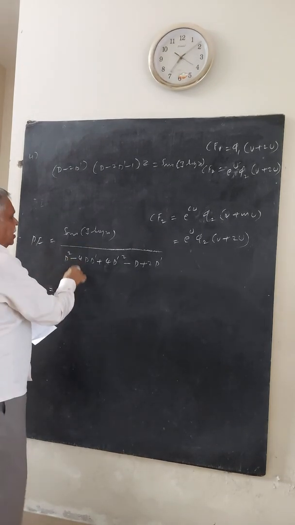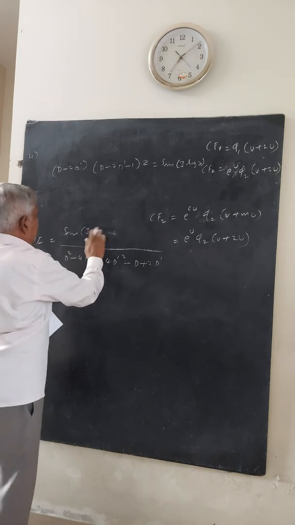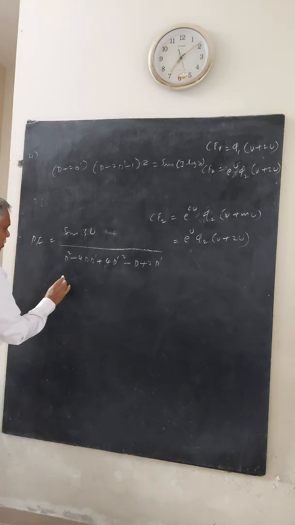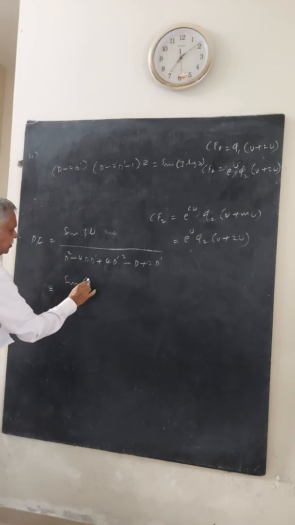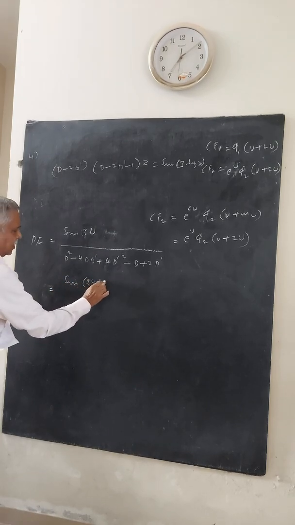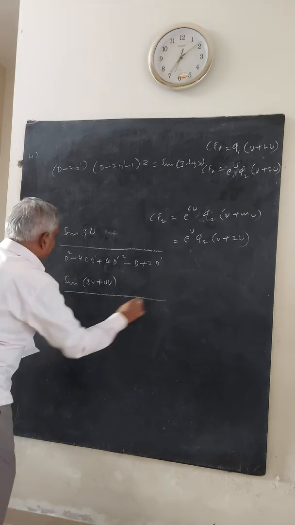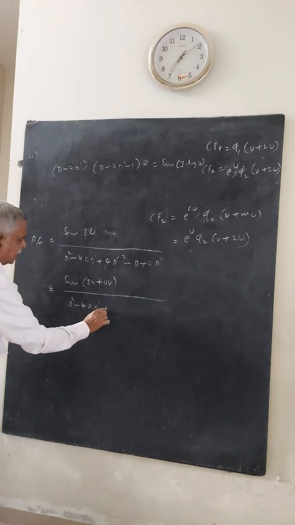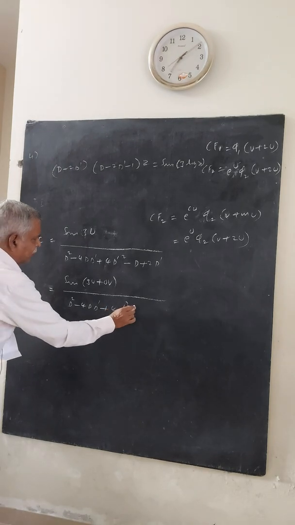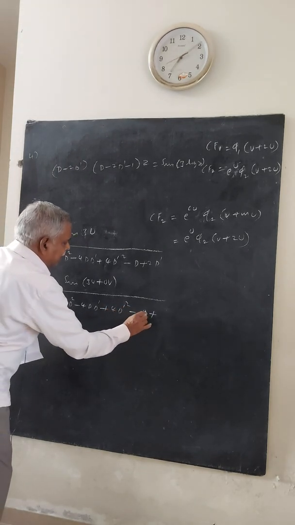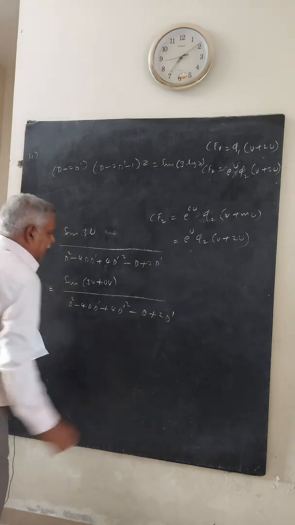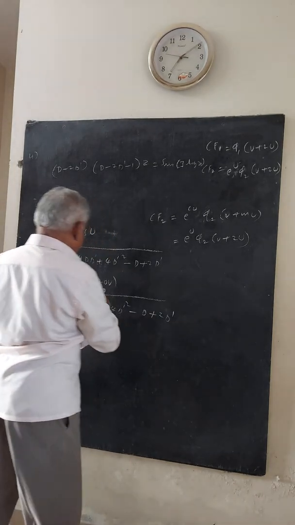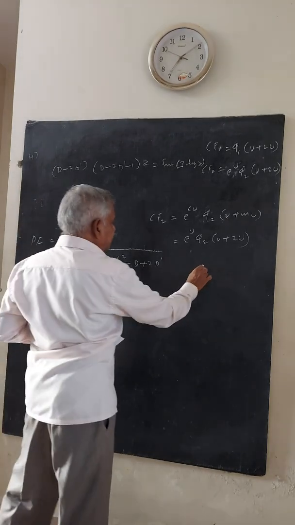Applying for 3 log x equal to u: sine 3u plus 0v divided by D square minus 4DD dash plus 4D dash square minus D plus 2D dash. The coefficient of u is 3, the coefficient of v is 0.